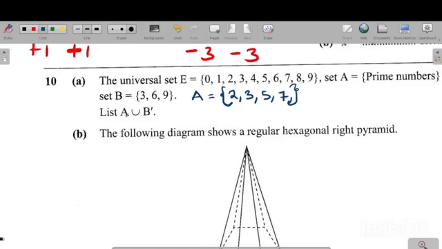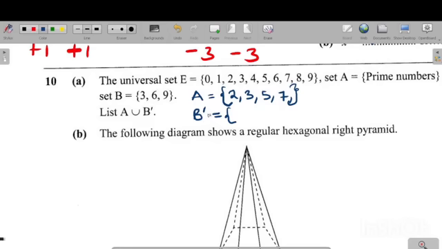Now they want you to list set A union B complement. What does it mean when they say B complement? They mean members that are part of the universal set and are not members of set B. So B complement means members that are part of the universal set but are not in set B. So set B, we have this.